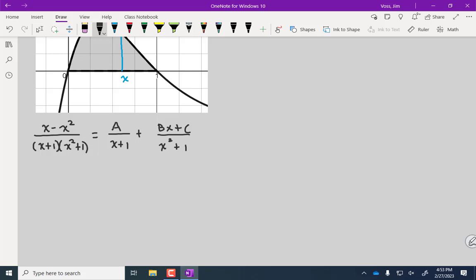Are you boiling that out all at once? Yeah. So that times A, oh yeah. Now, Bx squared dx. Yeah, good.